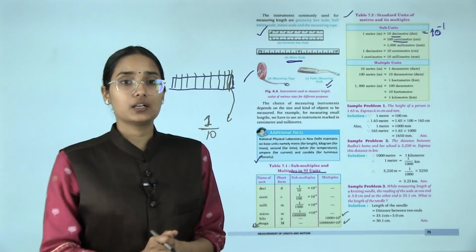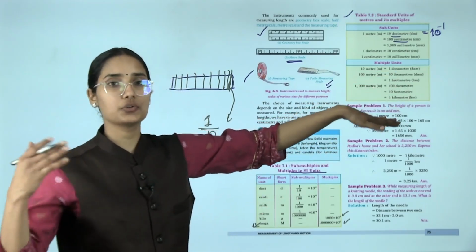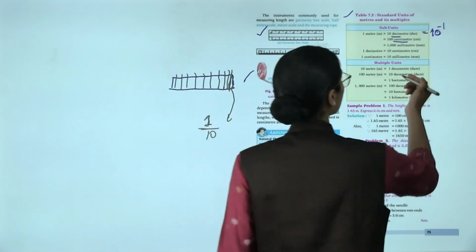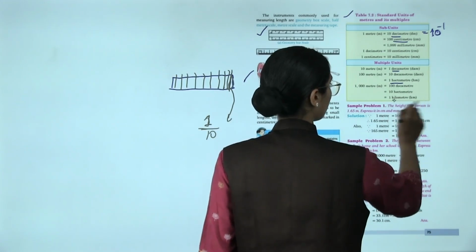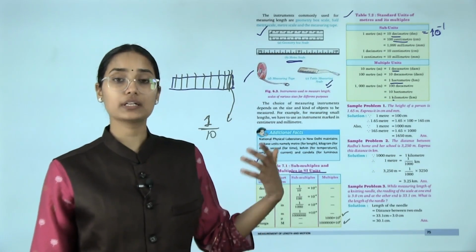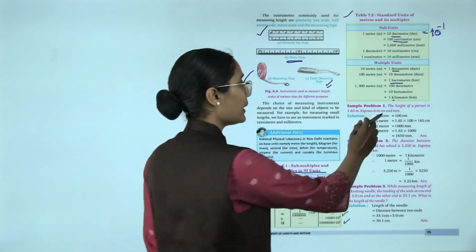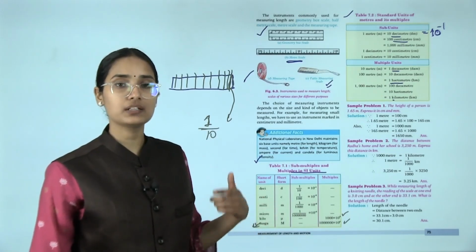Now, we have larger units also, like decameter, hectometer and kilometer. So, let us do one sample problem to understand these. The height of a person is 1.65 meter, express it in centimeter and millimeter.